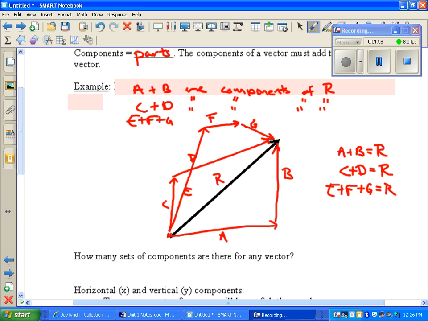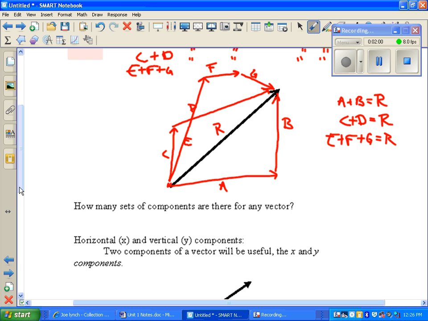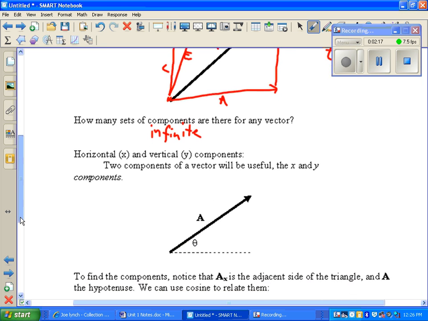So how many sets of components are there? Well, I could draw my vectors anywhere as long as I ended up at this point. They would be components. So there are an infinite number of components for any vector. Now, the two that are going to be useful, though, are the horizontal, or x, and vertical, or y, components of the vector.